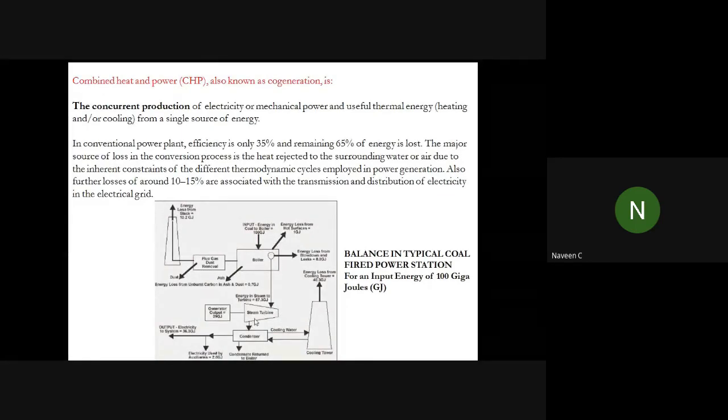So here I will see whether the electricity load is required or whether there is any need of heat energy. So I will extract before it loses its pressure. That is nothing but the extraction pressure turbine.